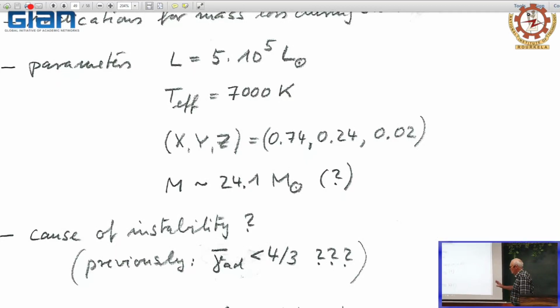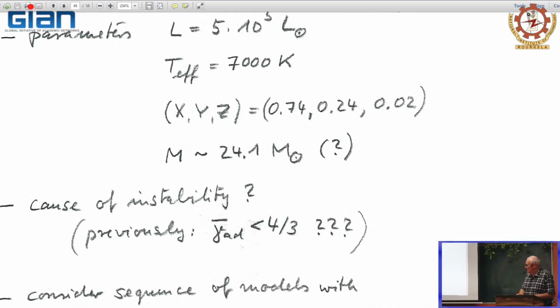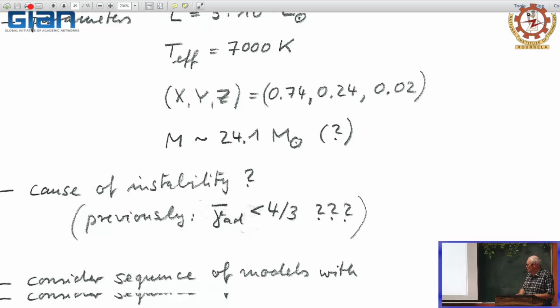So the common opinion is that the mean value of gamma adiabatic falls below 4/3 for these stars, and this is the cause of variability, and this is the cause of the outburst for this group of stars.